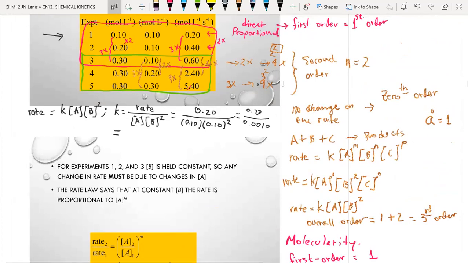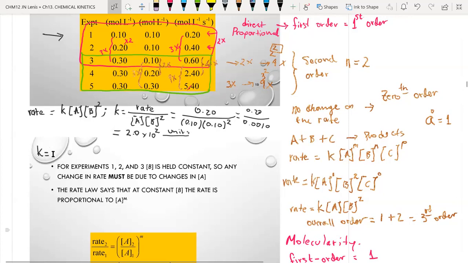So this number here ended up being 2.0 times 10 to the second. But we are missing the units, and I like to do that separately. So I do the units of k.